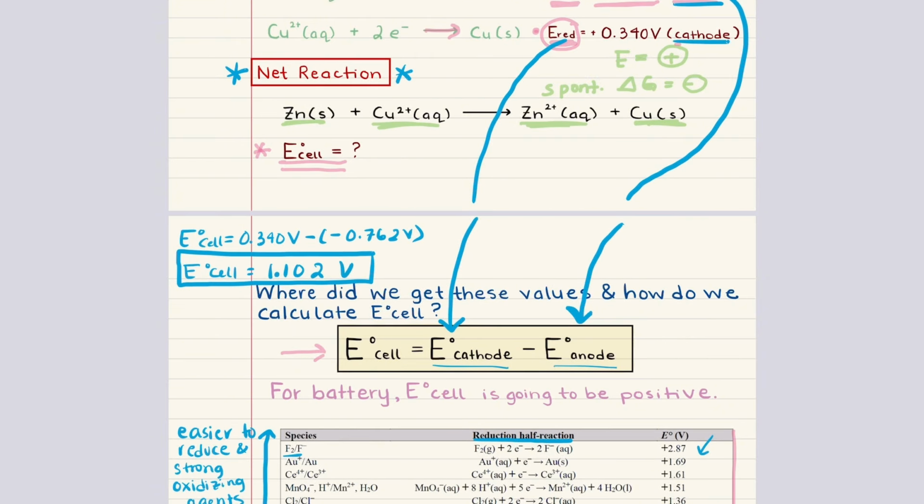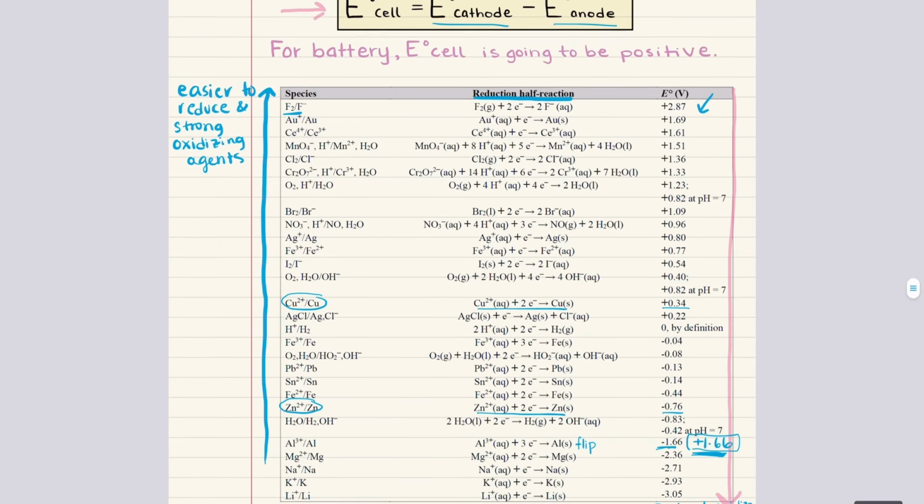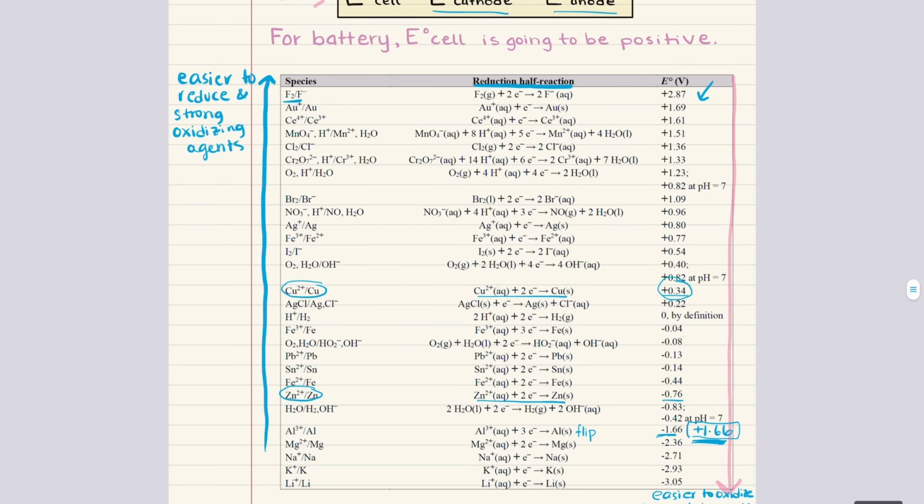This calculation also demonstrates the physical meaning of the standard reduction potential table. The more positive cathode value is telling us, again, that copper 2 plus has a strong tendency to pull electrons towards itself, while the very negative value for zinc 2 plus tells us that zinc metal easily lets go of its electrons.